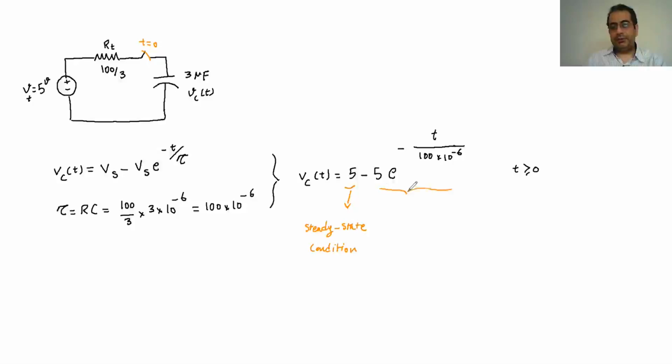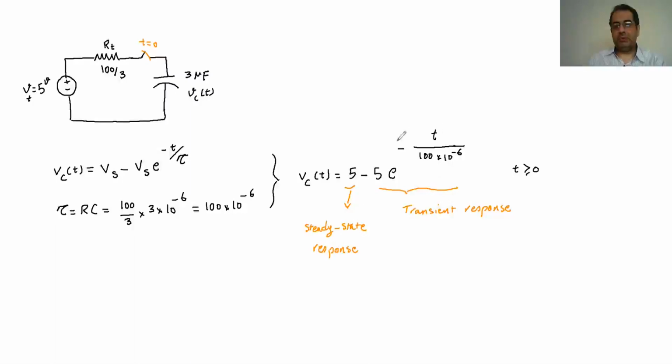This part is the transient response, or transient condition. This part is what's happening between the time that we close the key up to the point that we eventually get to the final condition.